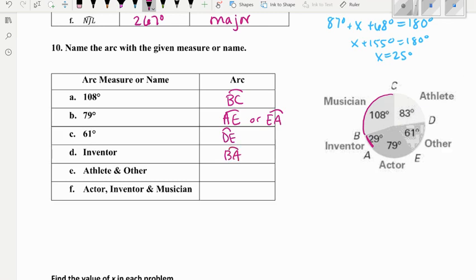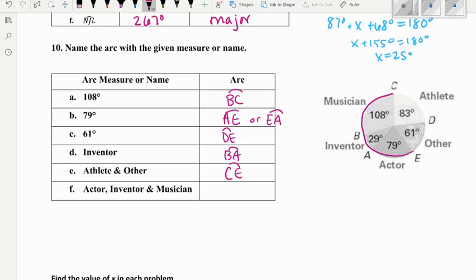The next two would be from here to here, so that would be arc CE. And if we did the next three together, we have to use 3 letters for this one because it's more than 180 degrees.